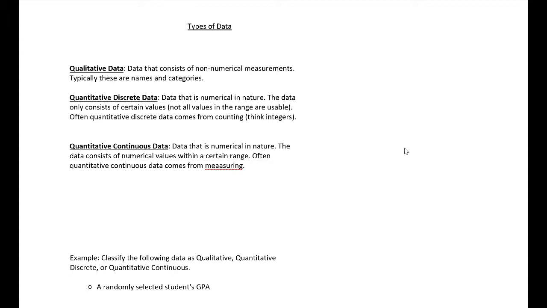Qualitative data is data that consists of non-numerical measurements. Typically, these are things like names and categories, like a person's eye color. So let's take this back. Variables are characteristics of your data set.